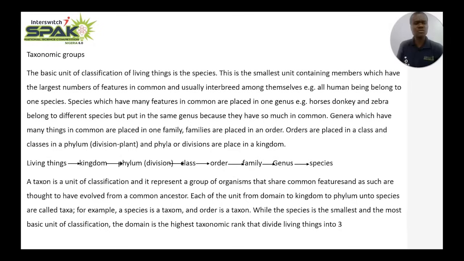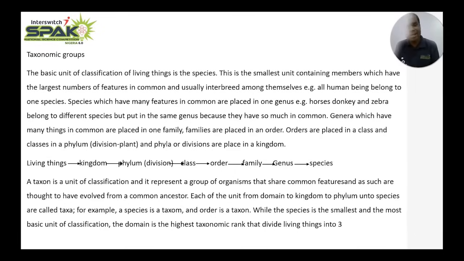Then what is a taxon? A taxon is a unit of classification, and it represents a group of organisms that share common features. So we can say that they evolved from a common ancestor. Species is a taxon.